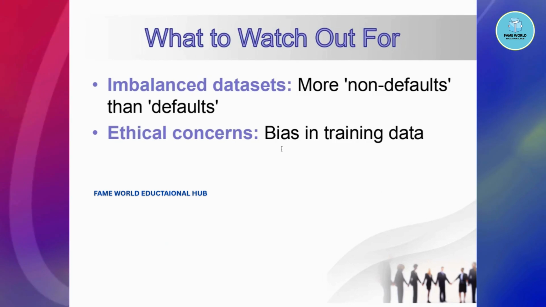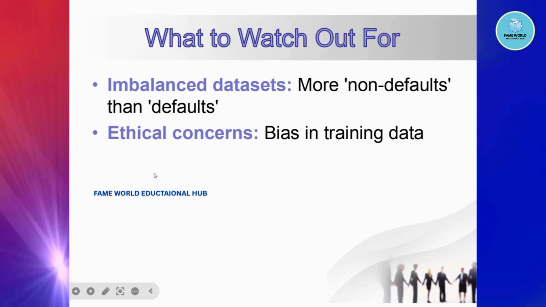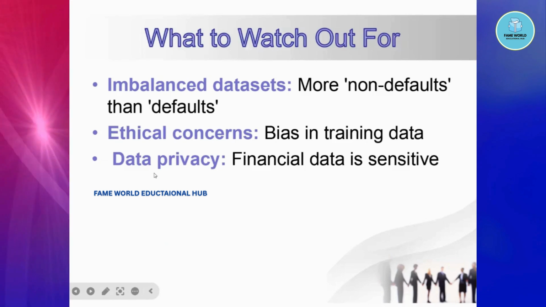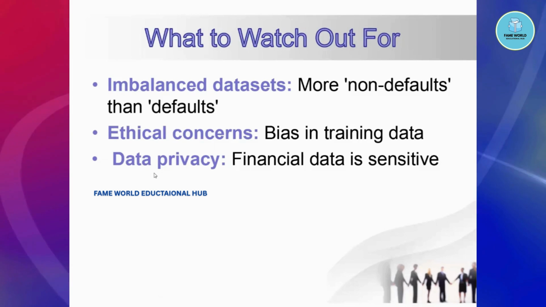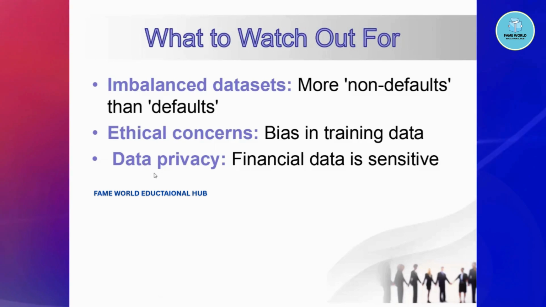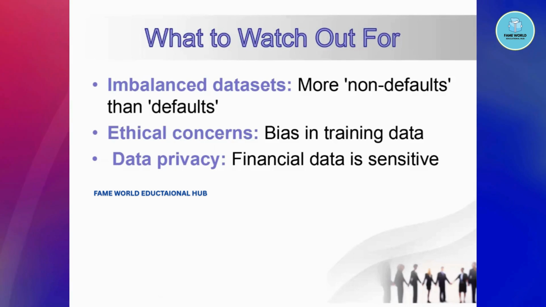This could lead to discrimination. Third is data privacy. We are dealing with sensitive financial information. Proper anonymization and encryption are a must when handling real world data. As a data scientist or ML engineer, you are not just building a model, you are also responsible for how it's used.